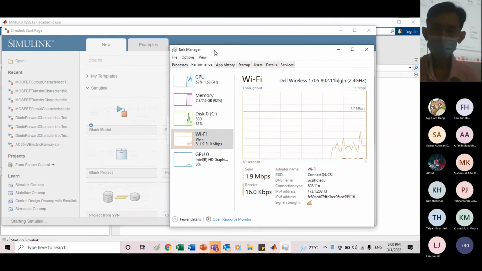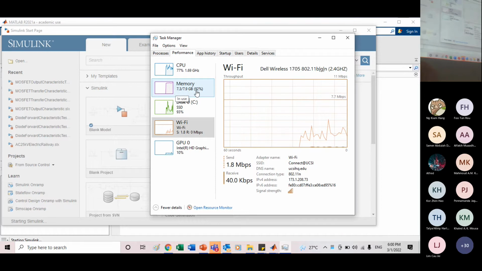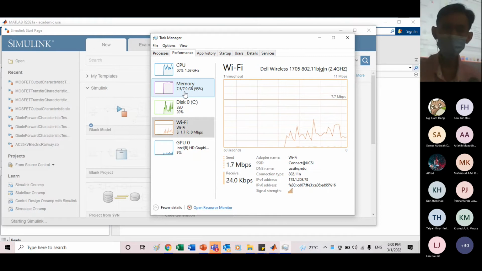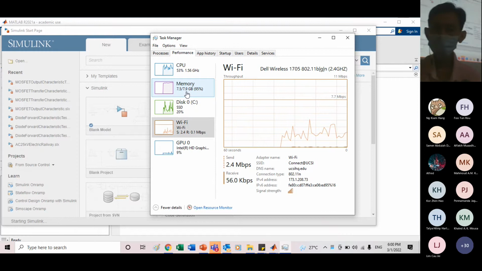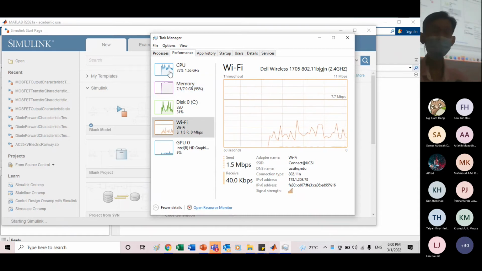Now you can see that it ate up my memory up to 92% once I started MATLAB. Before I started MATLAB, it only used about 47% of my RAM. I already installed 8 gig of RAM. CPU really depends on how complex your model is, so it doesn't matter that much.